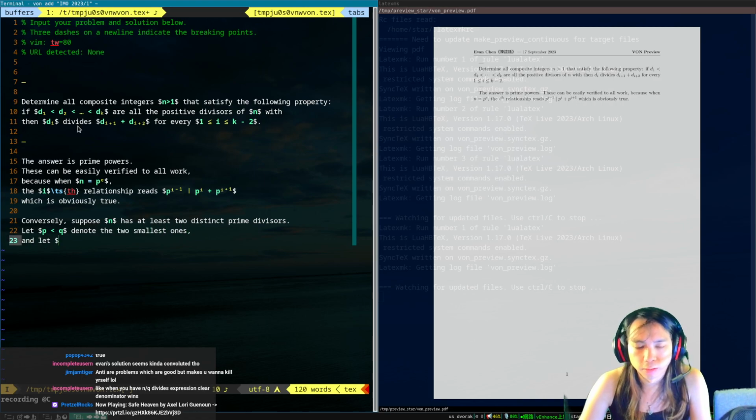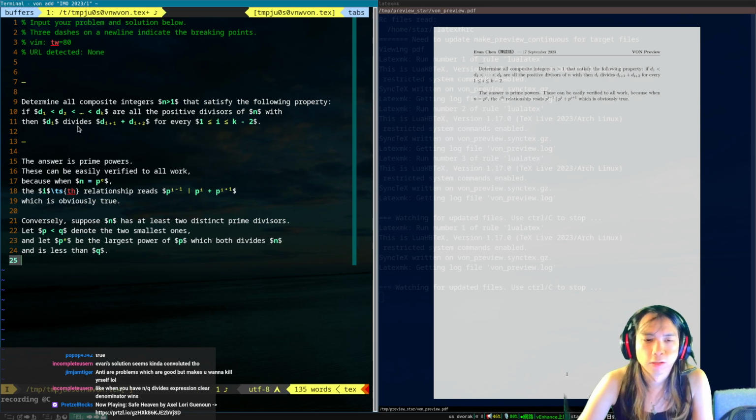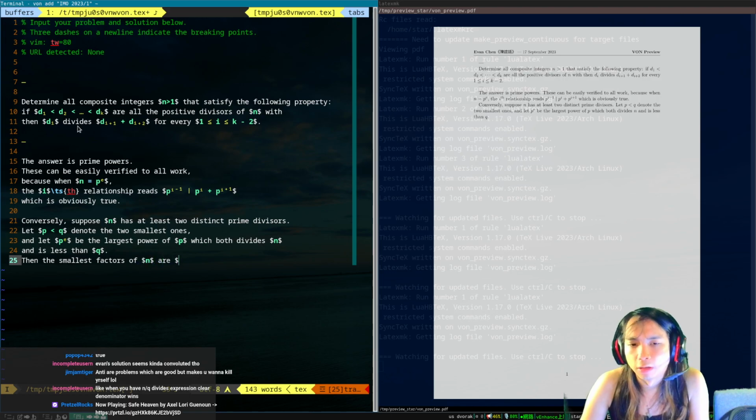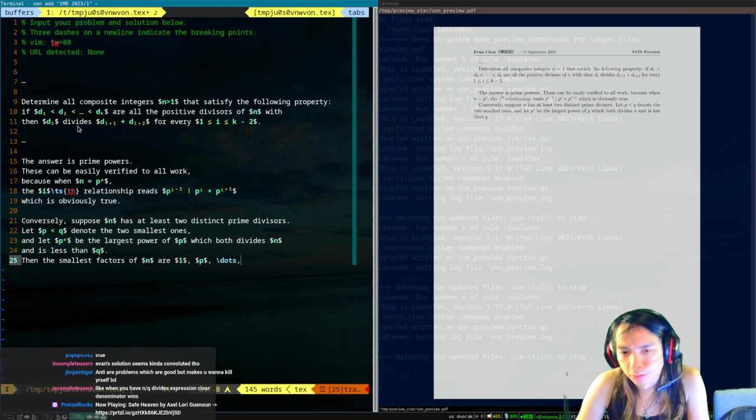And let p to the e be the largest power of p which both divides n and is less than q. Then the smallest factors of n are 1, p, dot dot dot, p to the e, q.